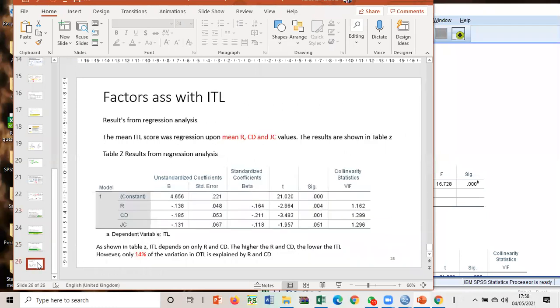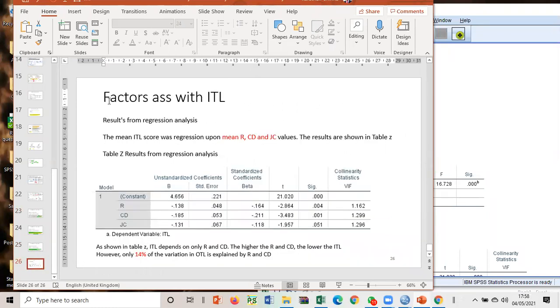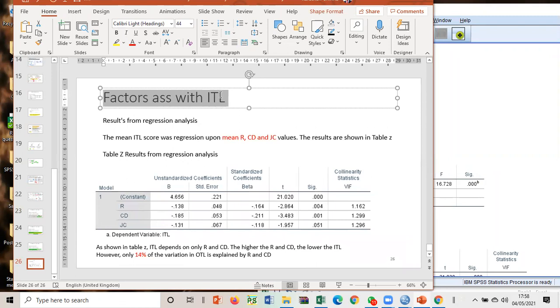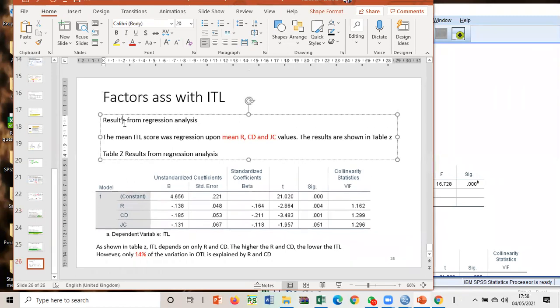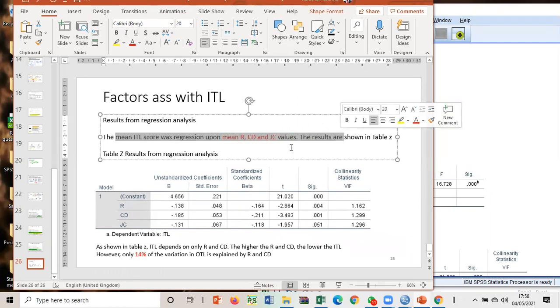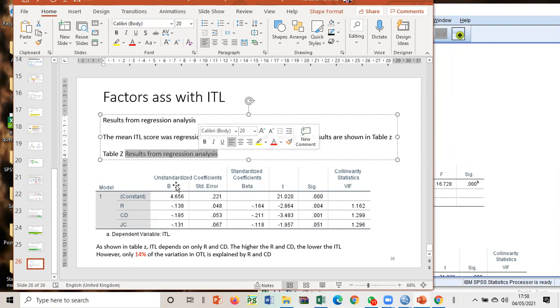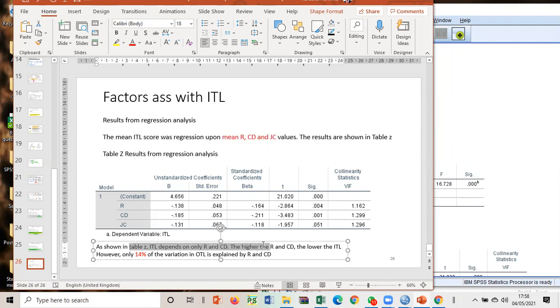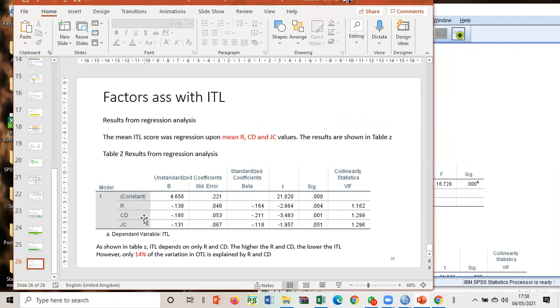And finally, I want to answer my objective. So what do you do? Results from regression analysis. The results are shown in table X. Based on this table, we can see that your ITL depends only on these two.